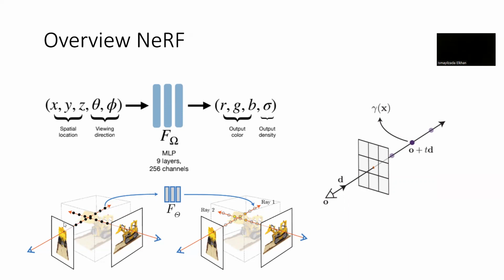For every pixel of that viewing position, we assume a ray going through that pixel into the 3D scene. Then we map the coordinates along a particular ray using a multi-layer perceptron to two values: a single RGB value, as well as a quantity called the volume density.